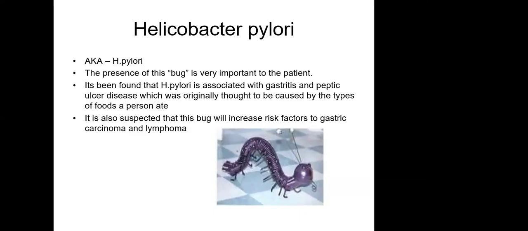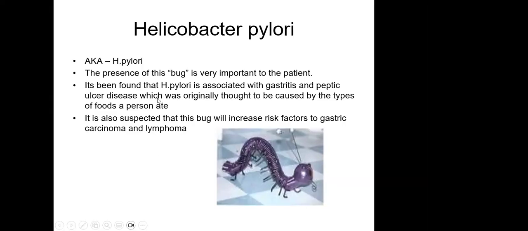The presence of this bug is important because it's been found that H. pylori is associated with gastritis, peptic ulcers, and it increases the probability and risk factors for those to turn into carcinomas and lymphomas.